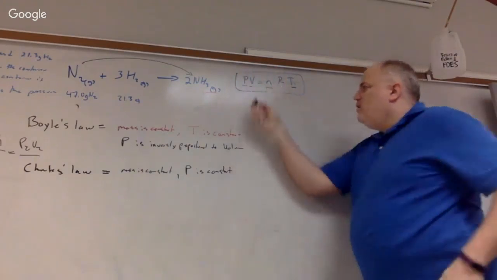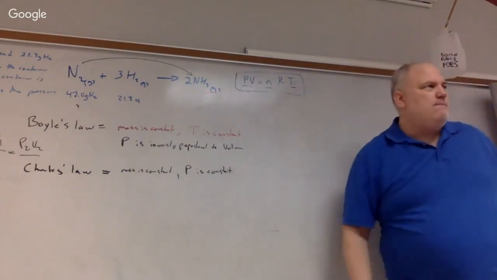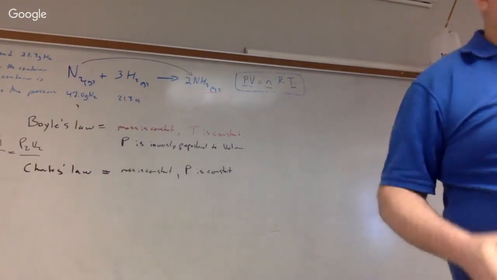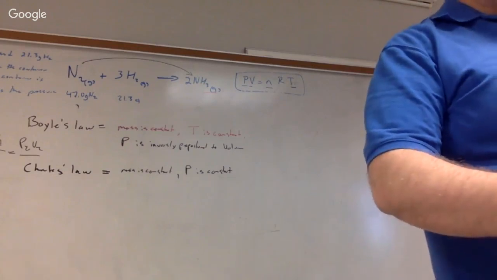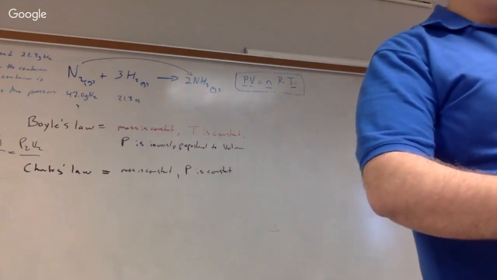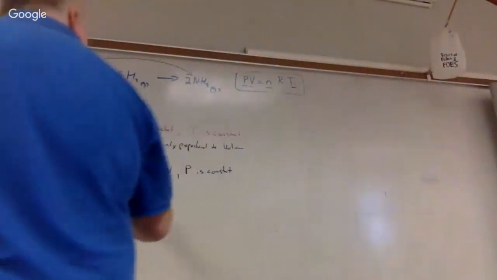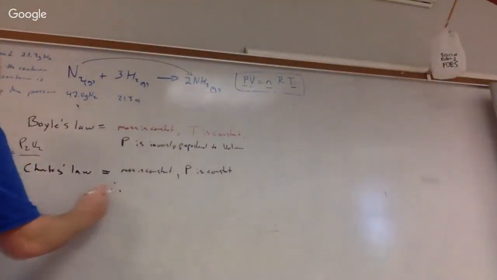Volume and temperature. Where's volume and where is temperature? Opposite sides of the equation. What's the rule for the proportionality when they're on opposite sides of the equation? They are directly proportional. So literally you can then say this. Therefore, that's the therefore symbol.